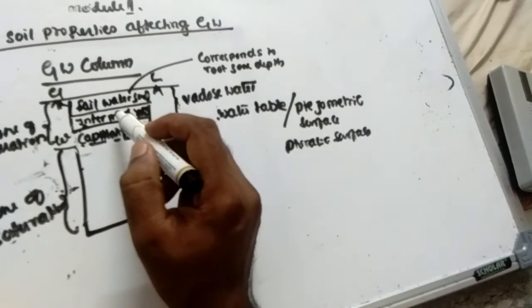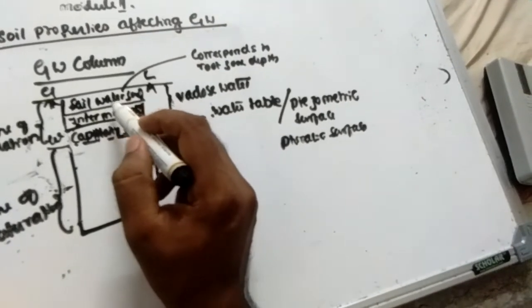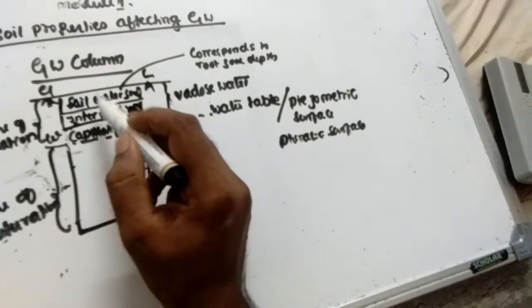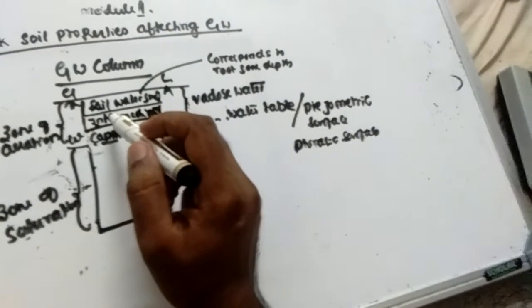So the soil water zone, intermediate zone and capillary zone together constitute the zone of aeration, which is above the water table.